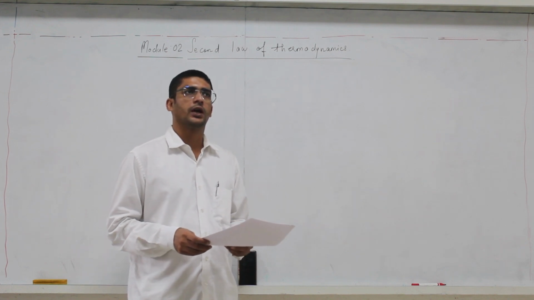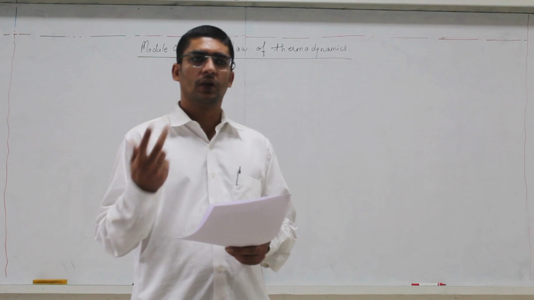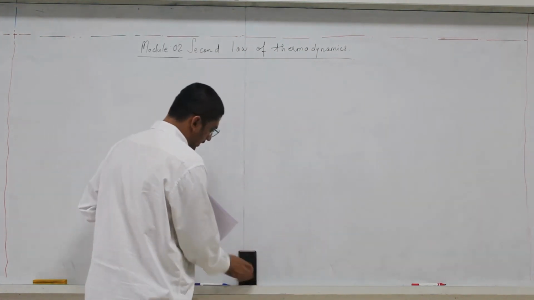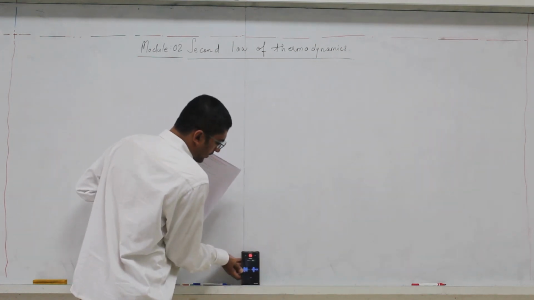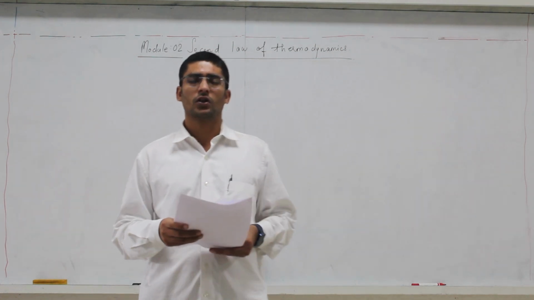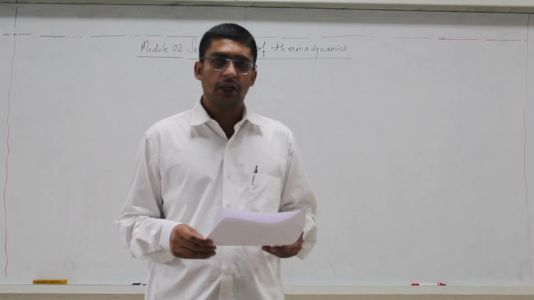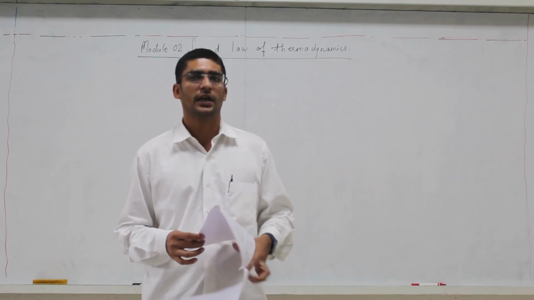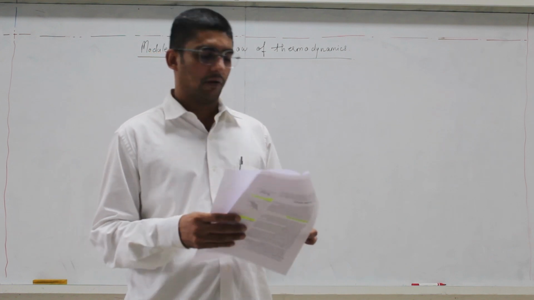The second law of thermodynamics is defined in two ways. There are two vital definitions of the second law: the Kelvin-Planck statement, and the second is the Clausius statement. We are going to see that in depth. Then you will see in depth the Carnot cycle, which represents the heat engine, and the reverse Carnot cycle, which represents your refrigerator.